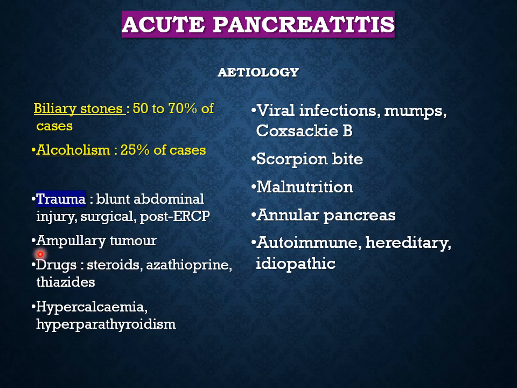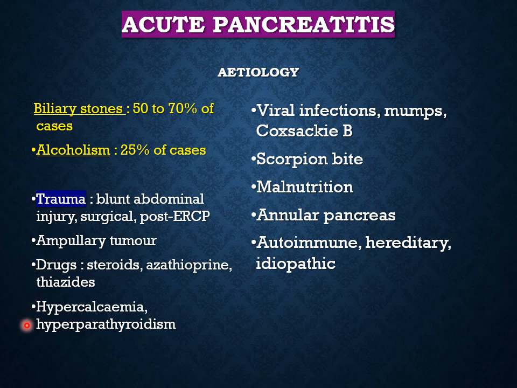Peri-ampullary tumors, by blocking the pancreatic duct, can lead to acute pancreatitis. Certain drugs such as steroids, azathioprine, and thiazides are three notable groups of drugs that can cause inflammation.